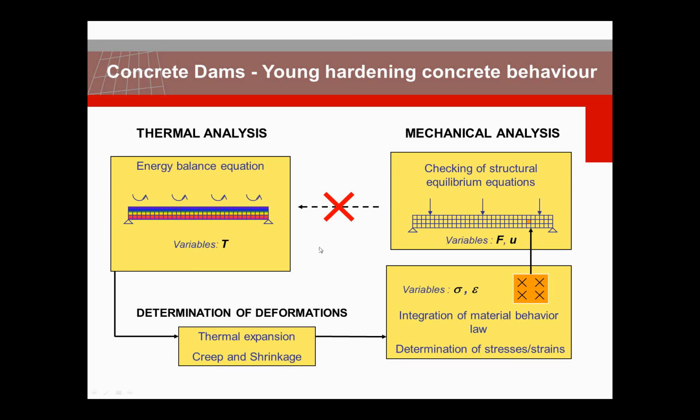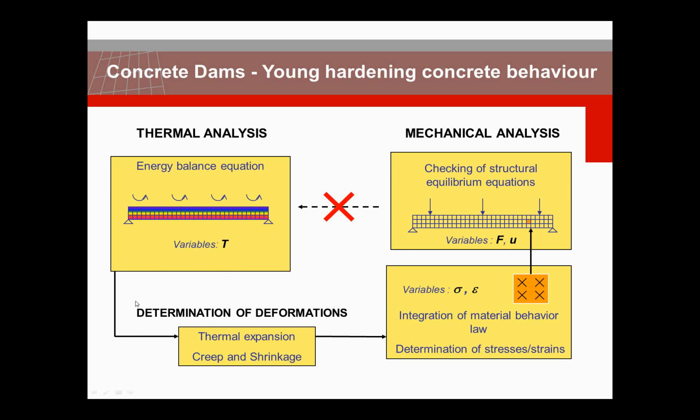So you have seen this picture before, but this is slightly different, because for this type of analysis we first do a thermal analysis in which we calculate the temperature development in each of the phases before we do a stress analysis.